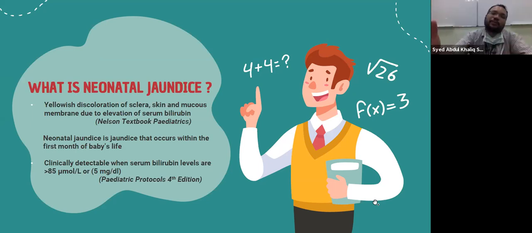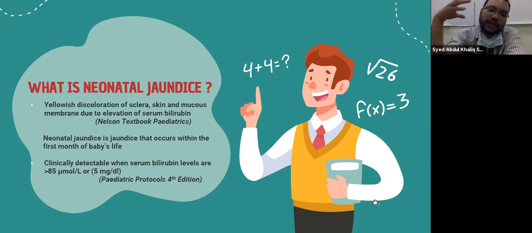So basically the problem is, unconjugated bilirubin is lipophilic but hydrophobic. When it's lipophilic and hydrophobic, it's not excreted by your enterohepatic circulation, and it's not excreted through your urine. And as it is lipophilic, it crosses the blood-brain barrier and can cause bilirubin encephalopathy.